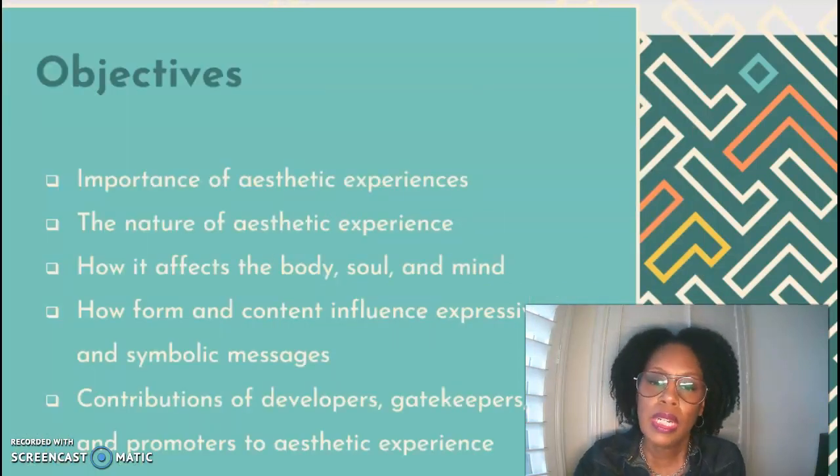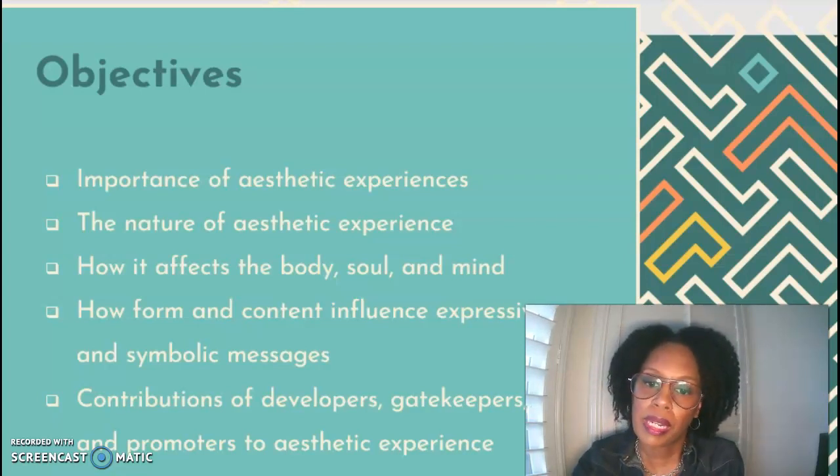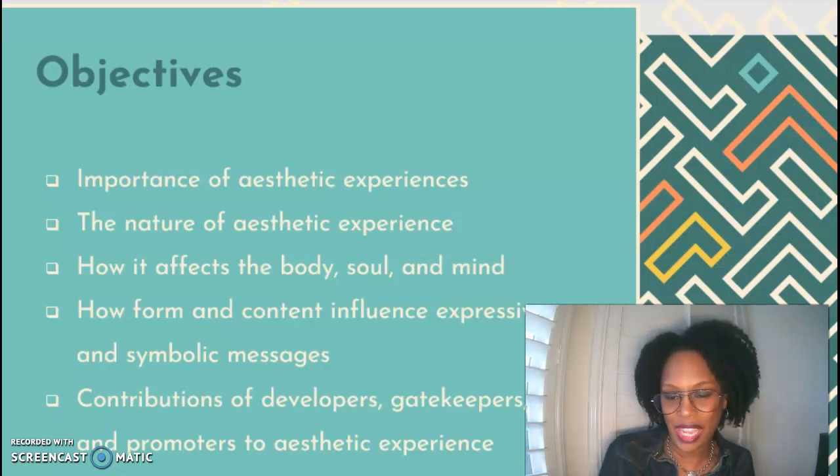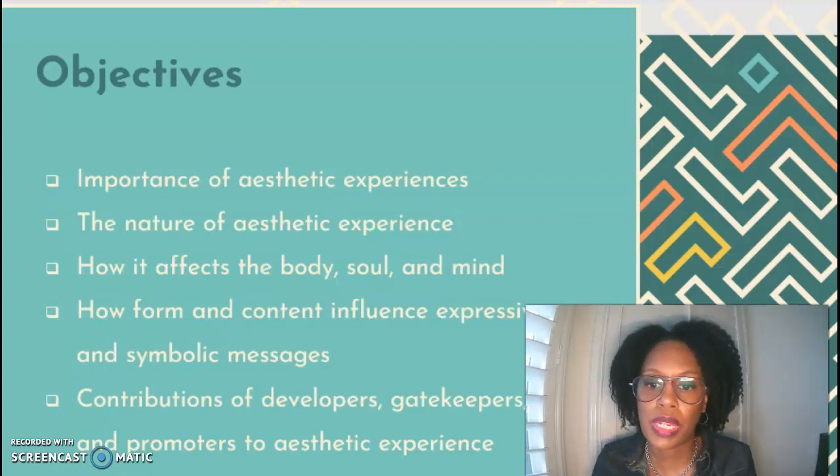Our objectives really are the importance of aesthetic experiences and the nature of the experience. This is what the slides coming up are going to be about. We're going to talk about how aesthetic experiences affect our mind, body, and soul. How form and content influence our experience, both you as a fashionista, but also in the choices that you make in your career.